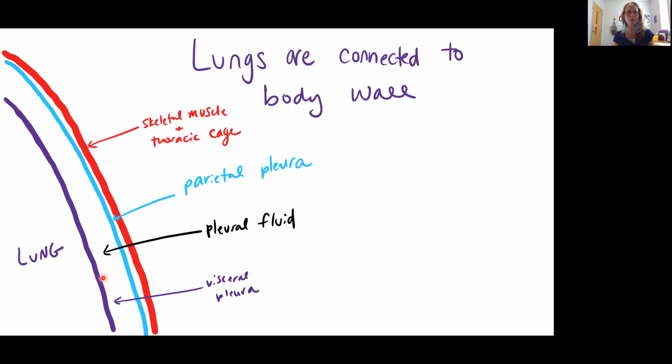So visceral pleura is talking about the wall of the lung. And then we have the parietal pleura, which is closest to the body wall. The body wall being skeletal muscle and bone of the thoracic cage. Notice that connecting the two layers together, the visceral and parietal pleura, is fluid. And that fluid is called the pleural fluid.